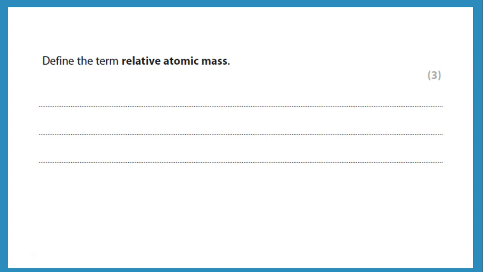A basic question would be, define the term relative atomic mass. You know that the basic calculations is I should be able to calculate molecular mass, so that uses the relative atomic mass.